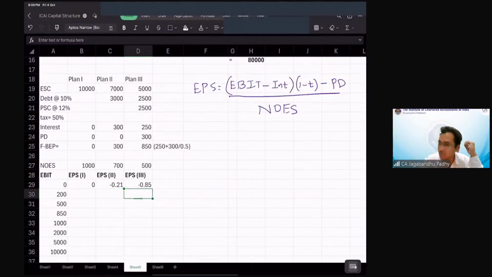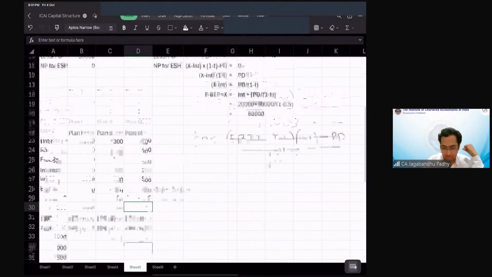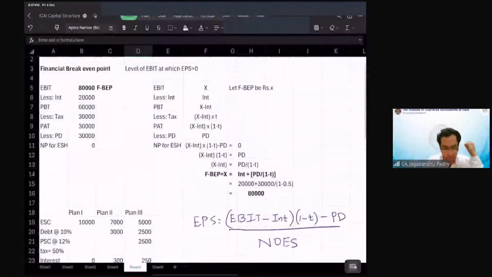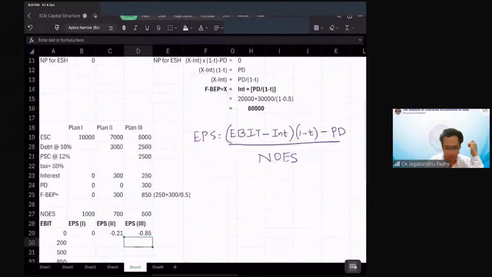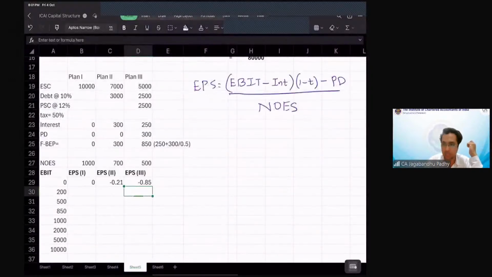Any amount greater than financial break-even point will lead to profit. That only, sir, I am referring to. Yes. EBIT minus interest into 1 minus T divided by number of equity shares would be the EPS formula, right, sir? Yes, yes, yes.